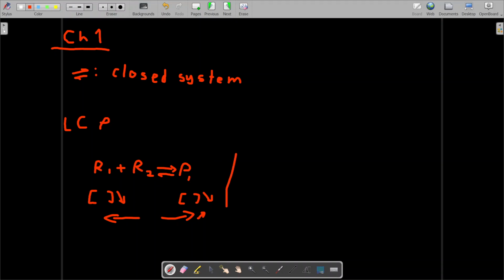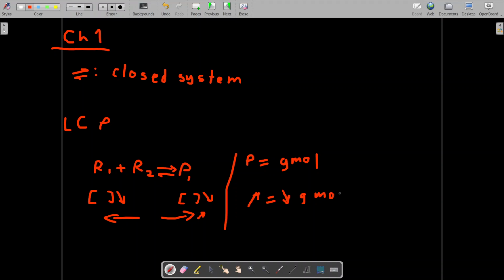Now, after concentrations, we're going to talk about pressure. Pressure is only affected by gaseous moles, by G moles, nothing else. When you increase pressure, you look for fewer gaseous moles, so fewer G moles.